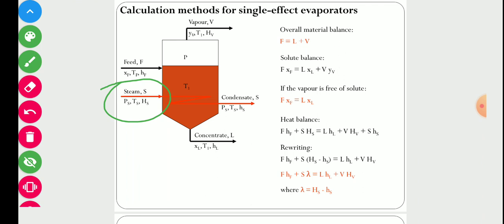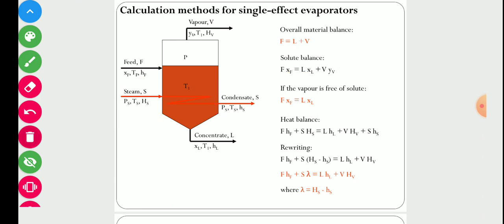But if steam is at its saturation temperature, then there will not be sensible heat in this case. Similarly, if this condensate is subcooled, in that case total energy will be the heat of condensation plus sensible heat. But if this is all again at its saturation temperature, then there is only heat of condensation.